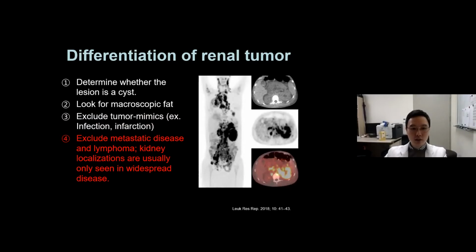Usually this metastatic disease or lymphoma presents as multifocal, and bilateral lesions are common. Diffuse renal infiltration with lymphadenopathy will indicate involvement from lymphoma.